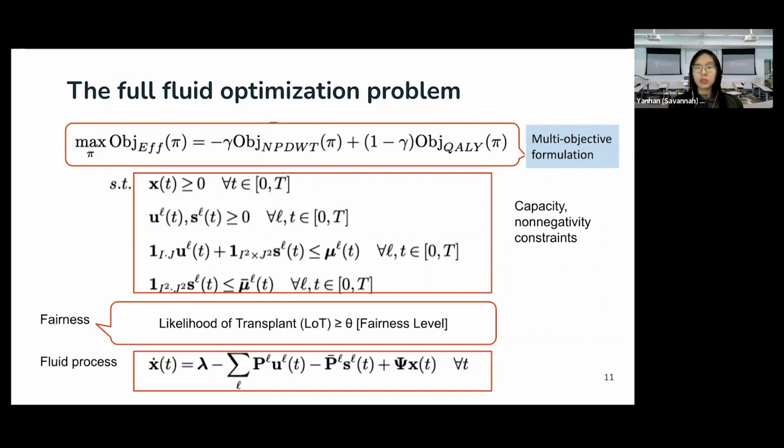This is analogous to the Rawls max-min fairness notion. And of course, we have the ordinary differential equations that capture the fluid dynamics, the patient health conditions, and removals, additions to and from the patient wait lists.